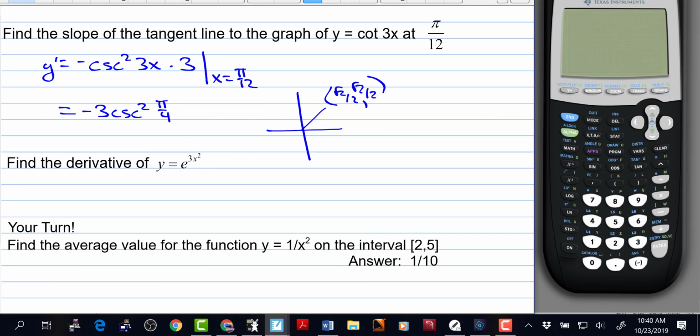Cosecant's the reciprocal of sine, but it's 2 over square root of 2 squared. Negative 3 times 4 over 2, that's 2. Looks like negative 6 is the slope.